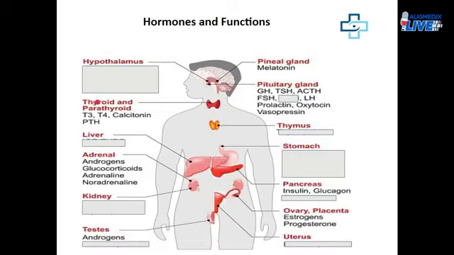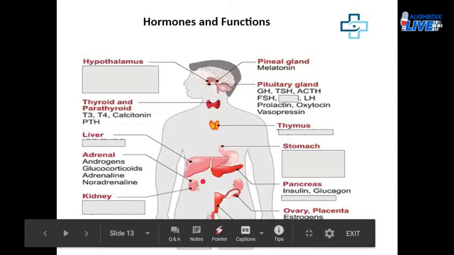In case of parathyroid, it's PTH, parathyroid hormone. The name is very similar, so you can easily remember it. The parathyroid gland releases parathyroid hormone. So these are the total gist of the glands and the related hormones.